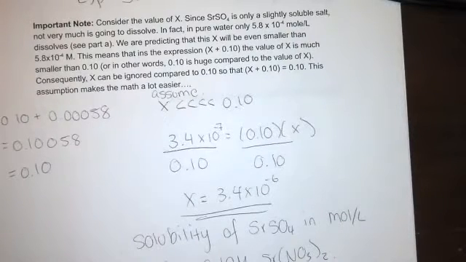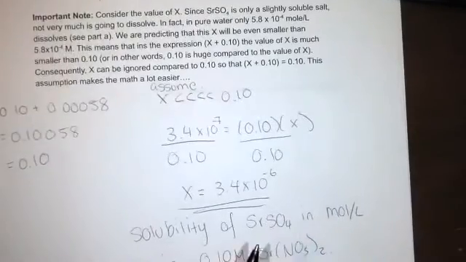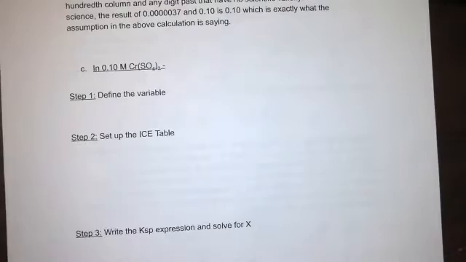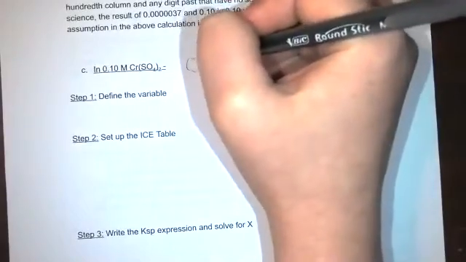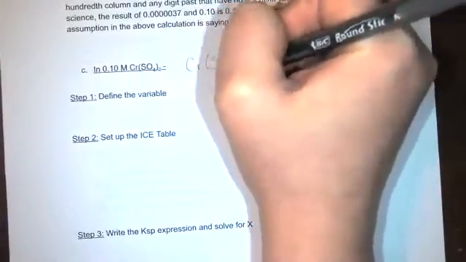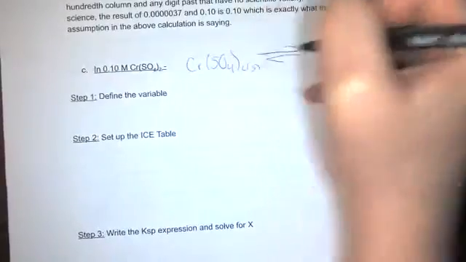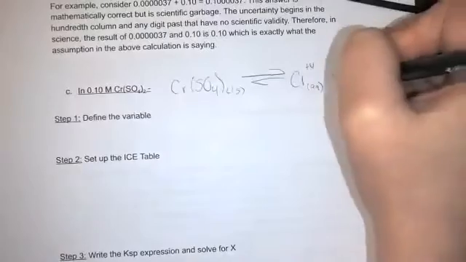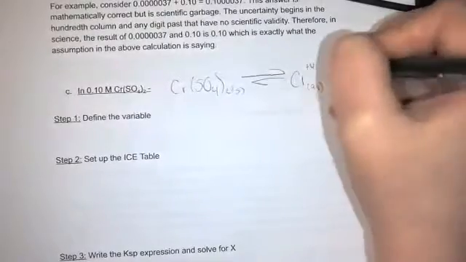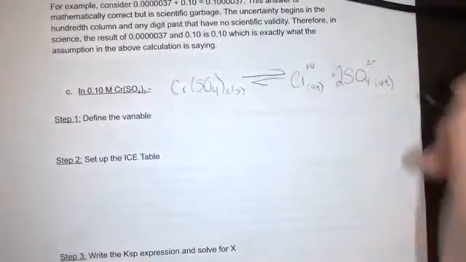So we're going to do the same thing here, but now in our third condition. So now we're looking at adding our strontium sulfate into a solution of chromium 4 sulfate. We'll make sure that's balanced.